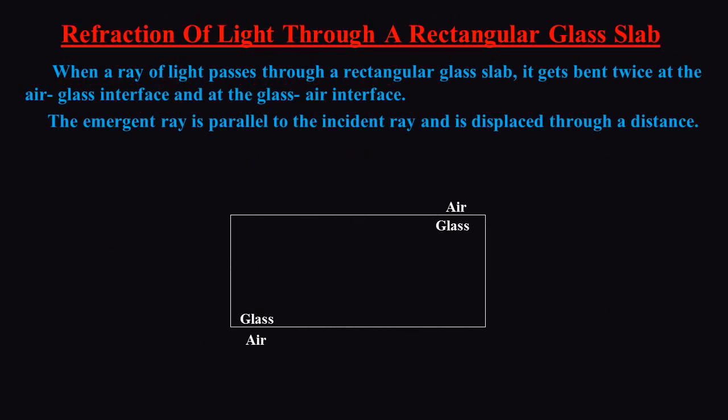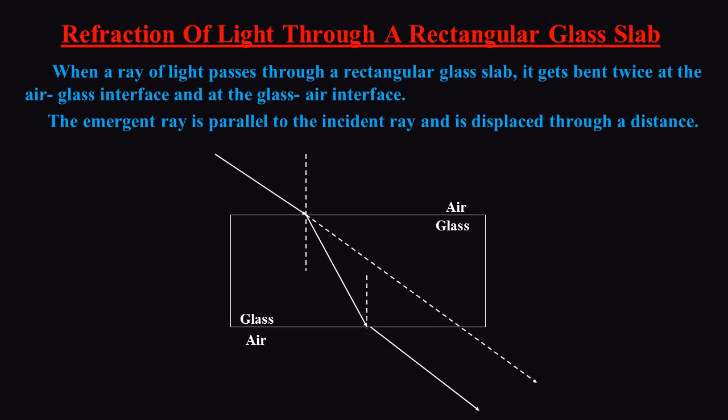For example, when a ray of light passes through a rectangular glass slab, it gets bent twice, at the air-glass interface and the glass-air interface. In the given diagram, light is passing from air to glass in the first medium, and after refraction through the glass, it is again incident on the glass-air interface, and again refraction takes place, and the emergent ray from the glass slab is parallel to the incident ray and is displaced through a distance.